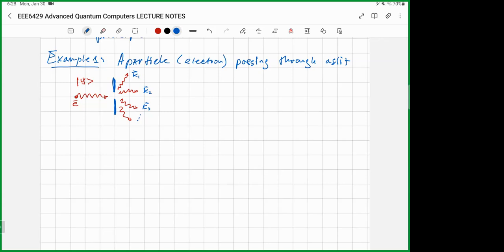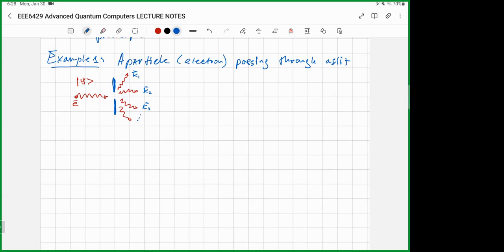So how does it look in the experiment? You send one single electron, and after the slit, this electron can go in any of these directions.